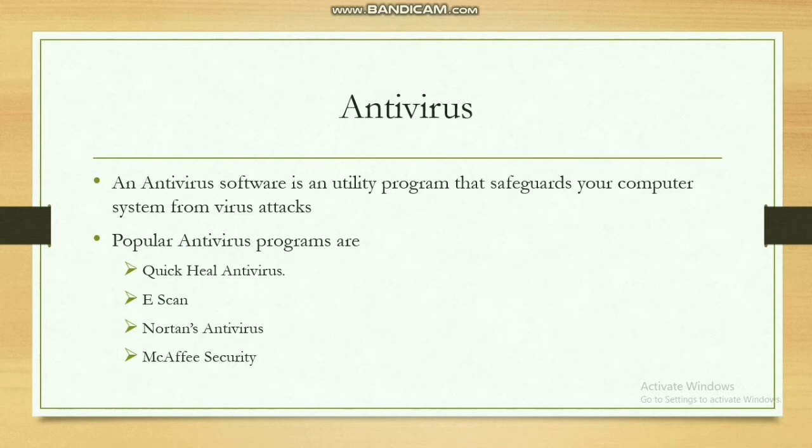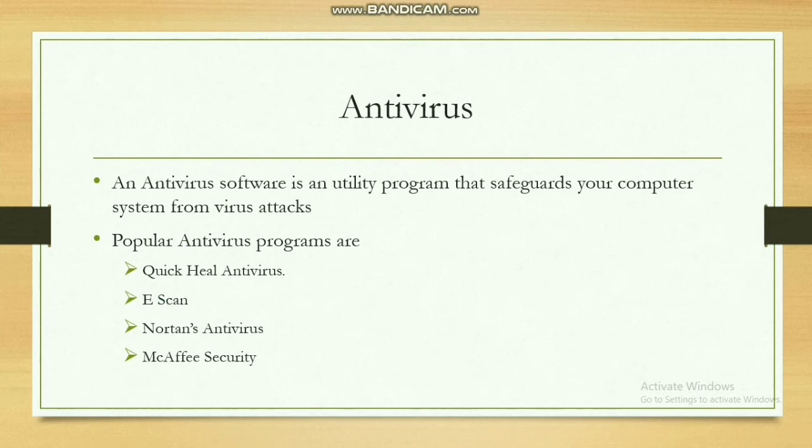But don't think that all the viruses will be identified and tackled by the antivirus software. There are limitations for that. But in due course, they will be updating their software regularly so that new threats could be identified, discovered, quarantined, and eliminated from the system.